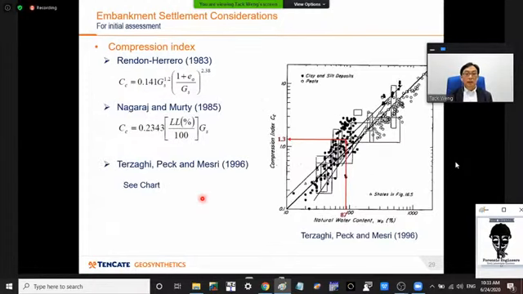Terzaghi, Peck, and Mesri have a chart which is quite useful, where based on the natural water content, you can estimate what the Cc value is. For the recompression index, typically this is lower than the compression index. It is about a 10th to a 5th of that.